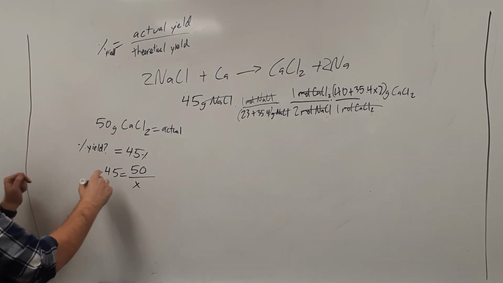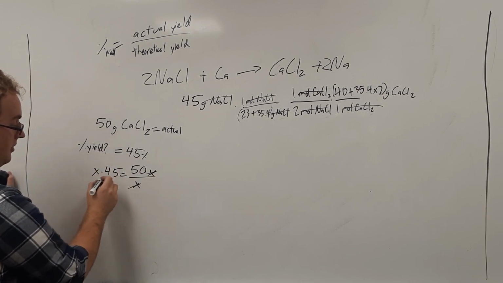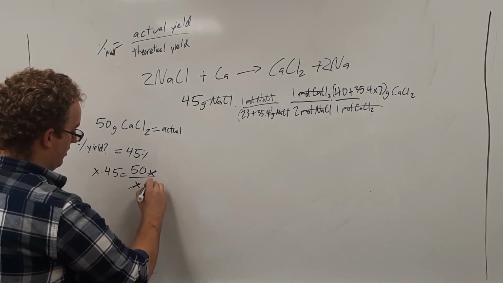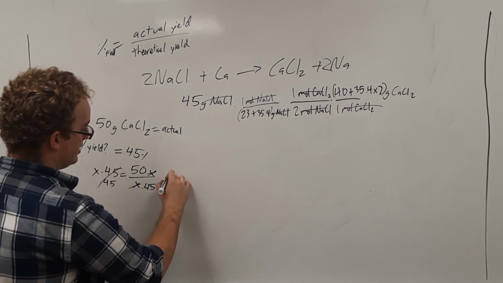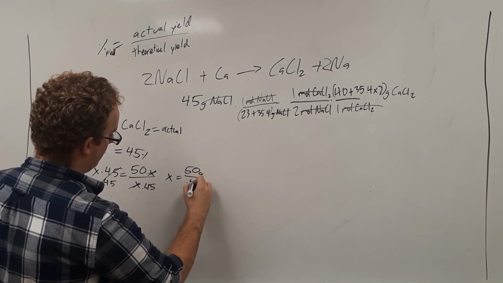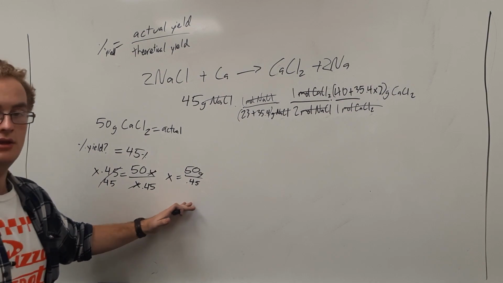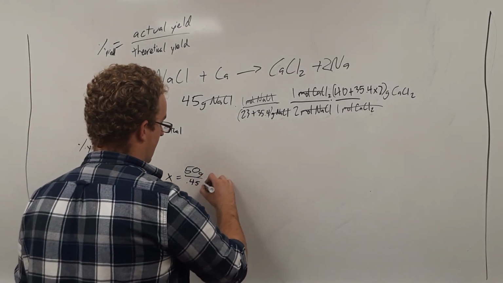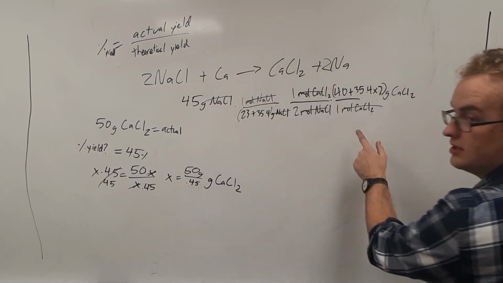Then to solve for x, we multiply both sides by x, cancel that over here, and divide both sides by 0.45, cancels that over here. So x equals 50 grams divided by 0.45. And now that is our theoretical yield of grams of CaCl2.